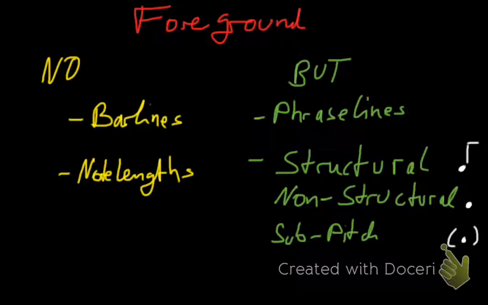The structural pitch will have a stem and a bar. The non-structural pitch will not have a stem, and the sub-pitches will not have a stem and are in parentheses.